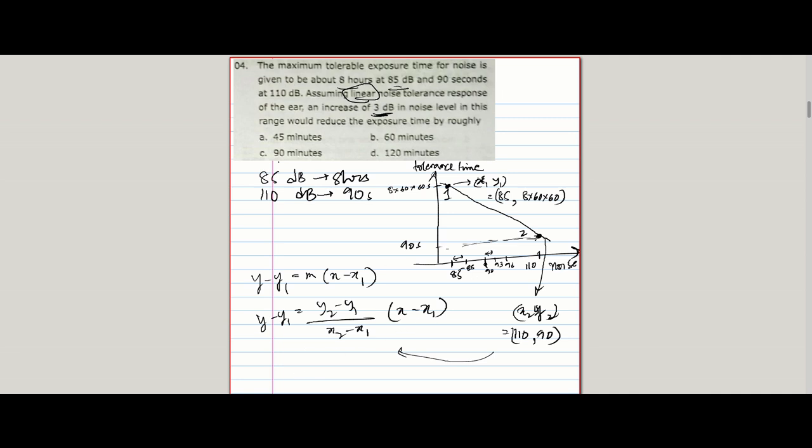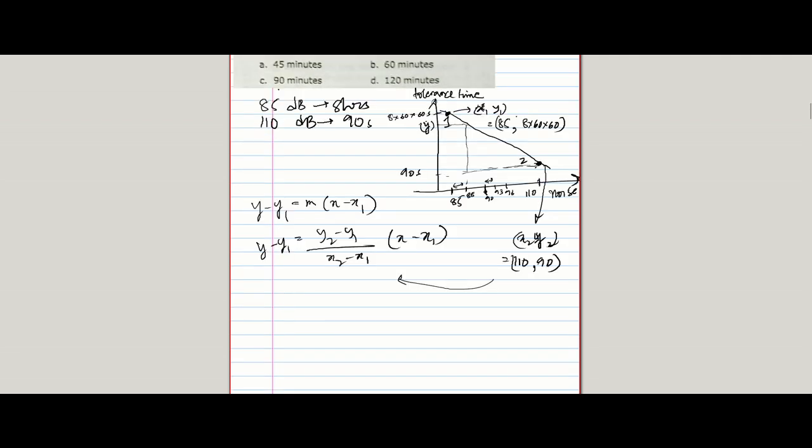we want the time at 88, what is the y coordinate at x equals 88. Let's say it's y dash at x dash, and x dash is 88. So we will get an equation.